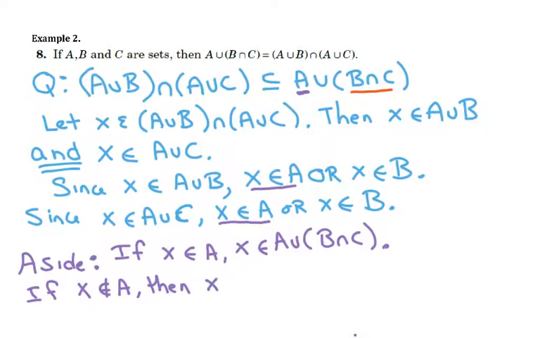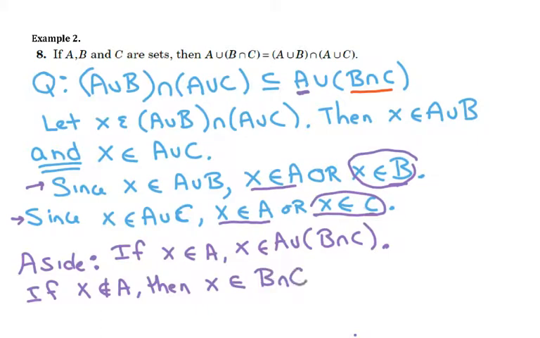x is both, oops, I have a typo here. If x is not in A, then x has to be in B and it has to be in C. Because if it's not in A, from here we get that it's in B, and from here we get that it's in C. And again, x is an element of A union B and C. So that is because we know either x is in A or not in A. If it is in A, then it's already in the union and we're good.